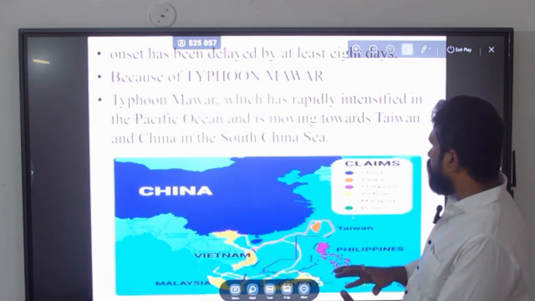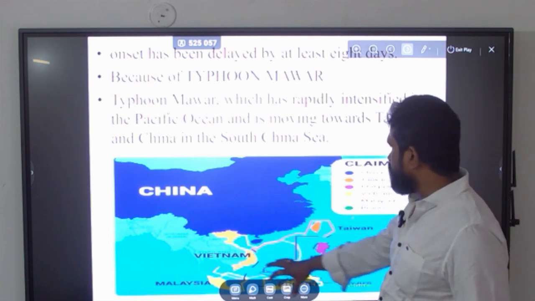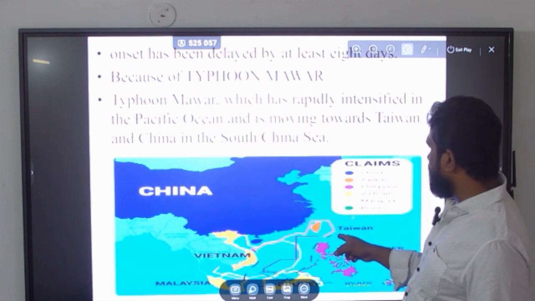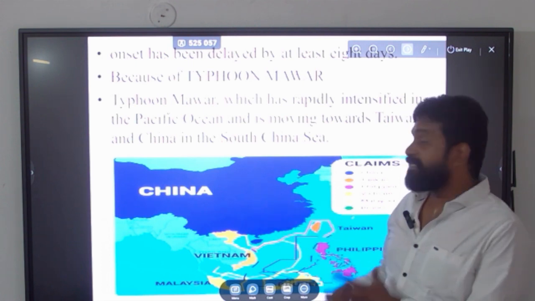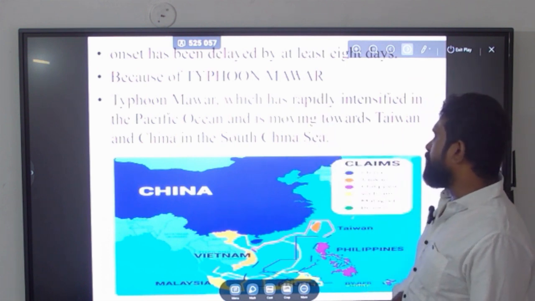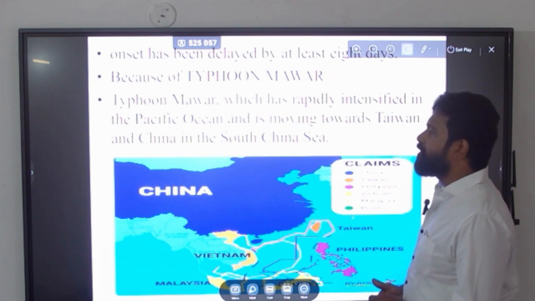First you should know what are the countries over there in the South China Sea. You see, China, Taiwan, Philippines, Vietnam, Malaysia and Brunei. These are the countries that access this South China Sea, and the typhoon which got created over there in that region is called Mawar.